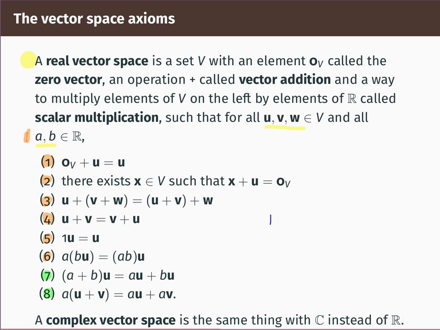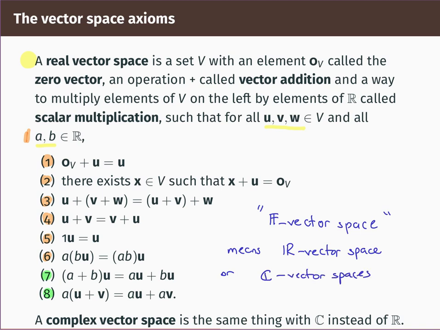So when we write F vector space, what that means is an R vector space, so a real vector space, or a C vector space, which refers to a complex vector space.